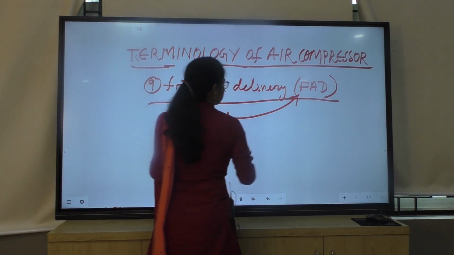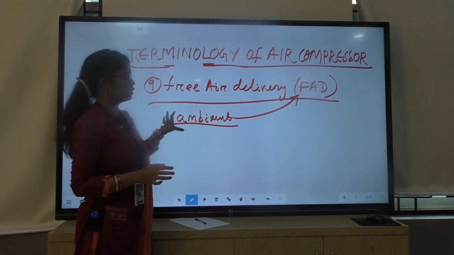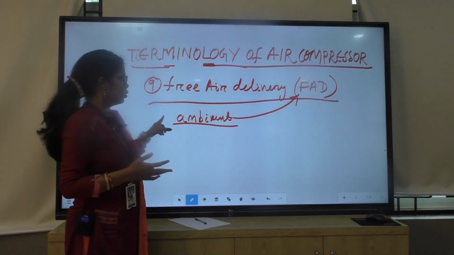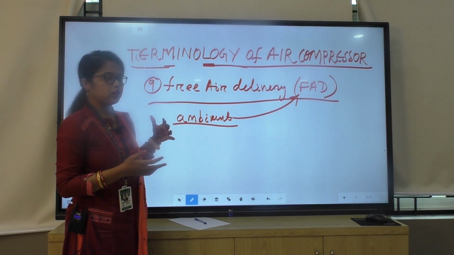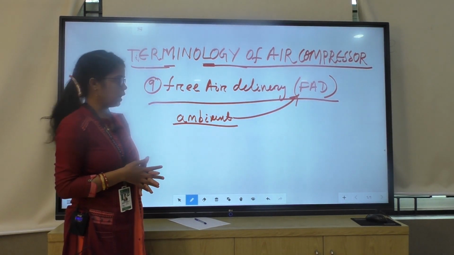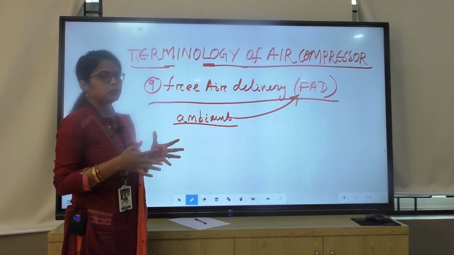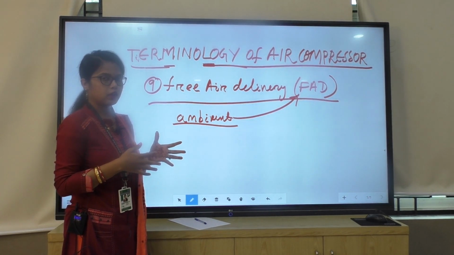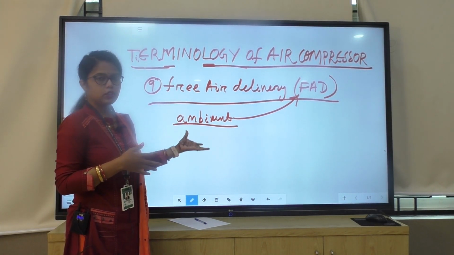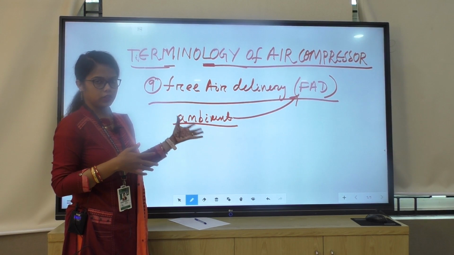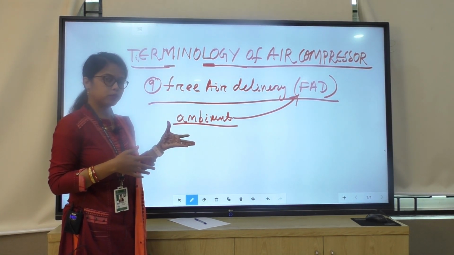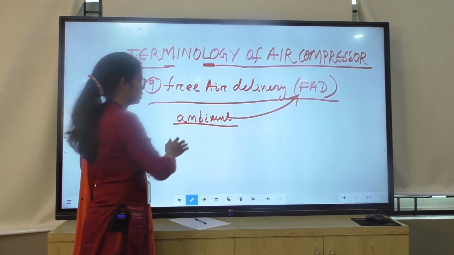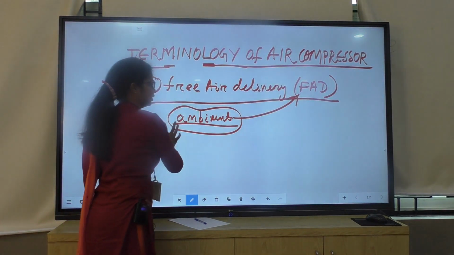What do you understand by this, and how can you find out this free air delivery volume? That means when we are compressing all the air in the cylinder and storing it in a storage tank, and after that we allow it to expand and store that expanded volume in a particular tank, that means we are allowing it to expand up to the atmospheric condition, corresponding to ambient pressure and temperature.